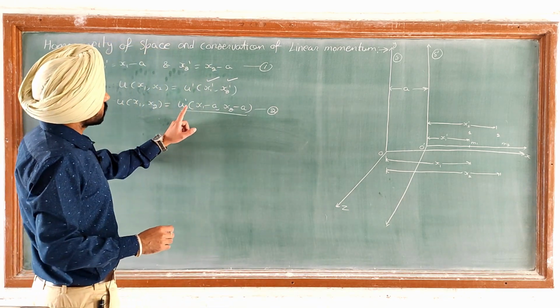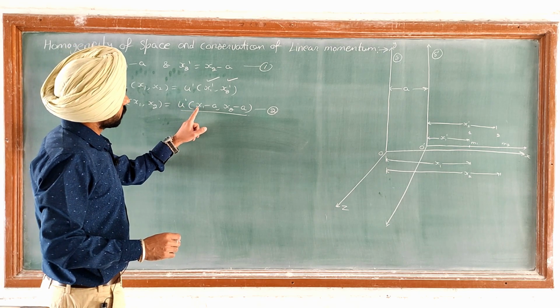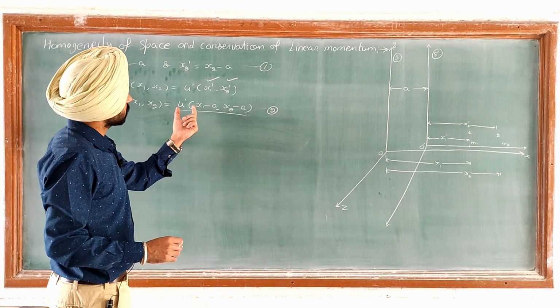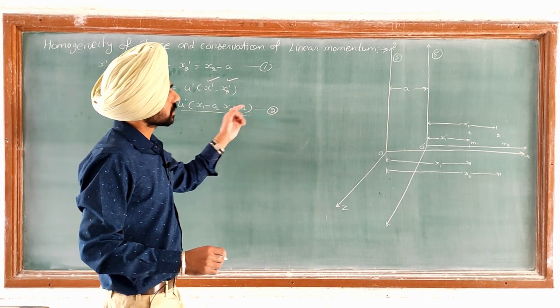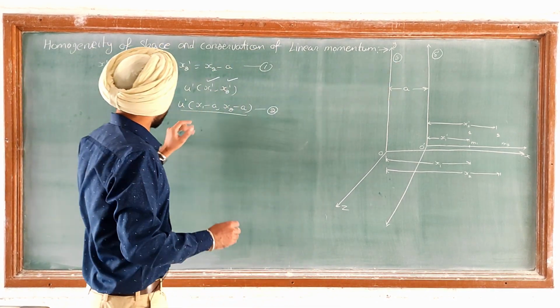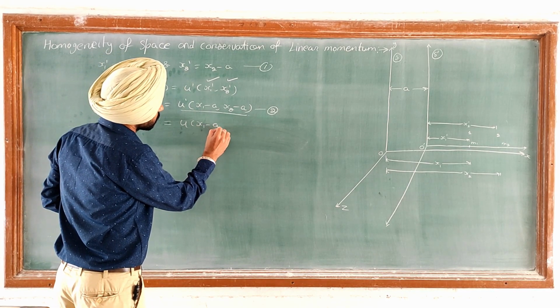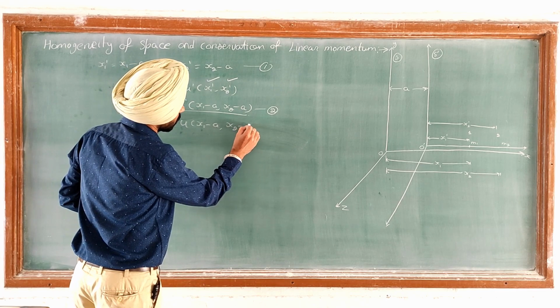Now this U prime is a function of the coordinates in the S frame of reference, so it is better if we write it as U(x1 minus a, x2 minus a).